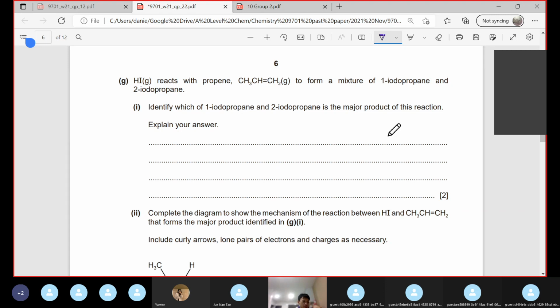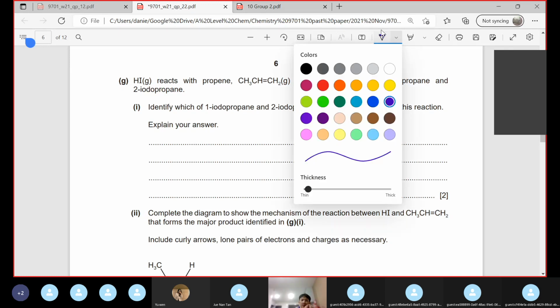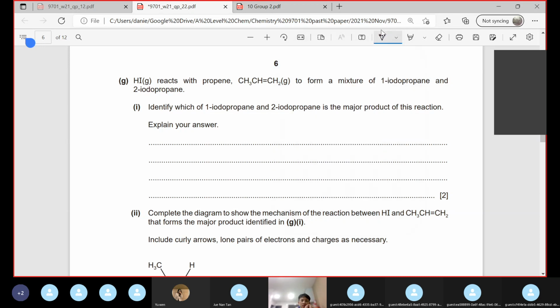Okay, here what you need to recall first is the Markovnikov rule. Markovnikov rule states that the hydrogen atom will go to the carbon that is attached to the most hydrogen atoms. Here we have 2 carbons, these 2.